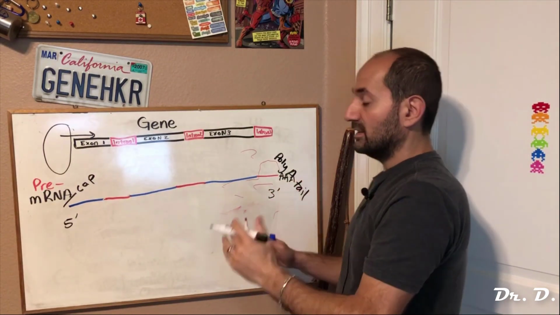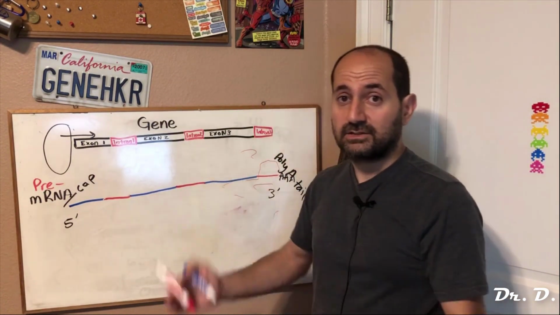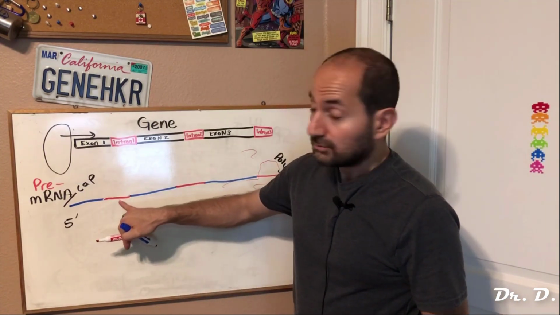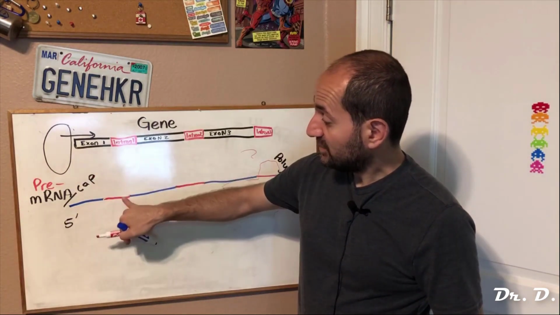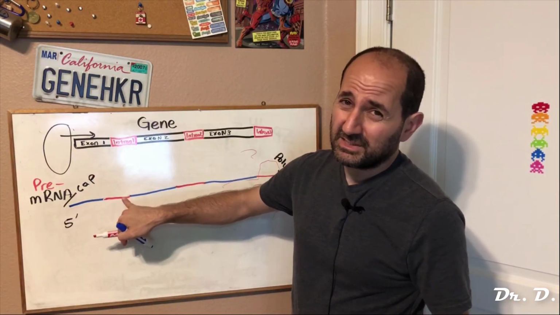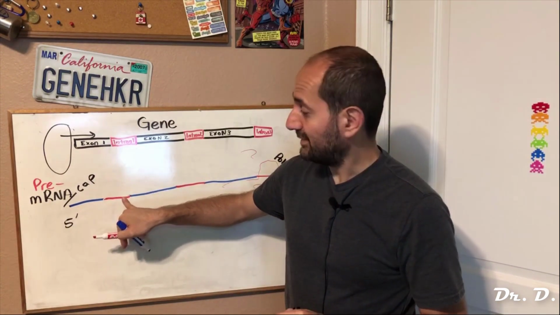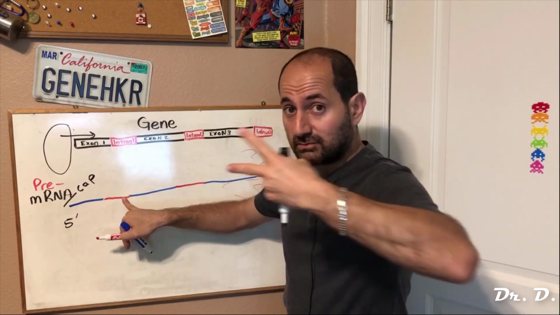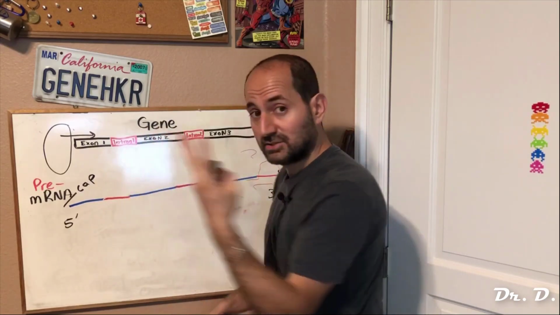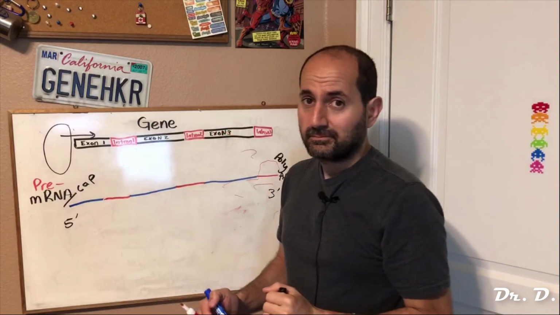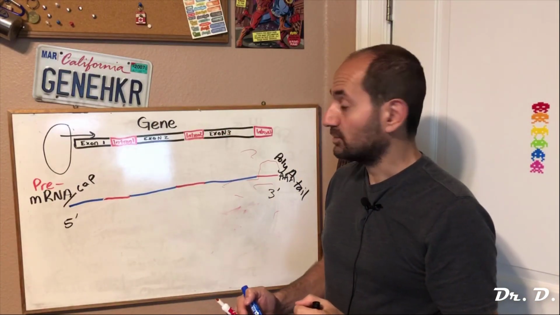Remember that? And now for the third and final modification on your pre-mRNA. You see that red information, the intron information? Remember I said that information is really not useful for the ribosome to make a protein. So we actually have to cut that information. Now imagine if I had molecular scissors, and I could just cut out the red parts, the intron parts.